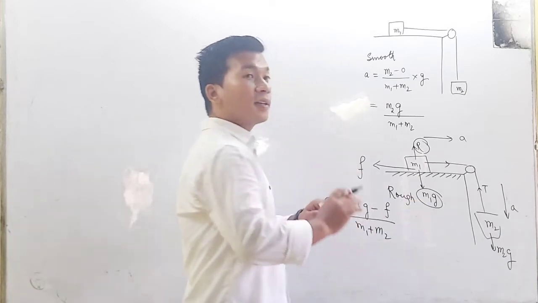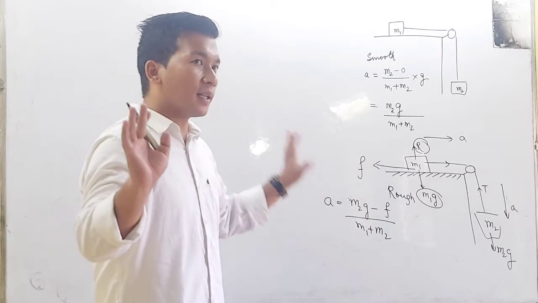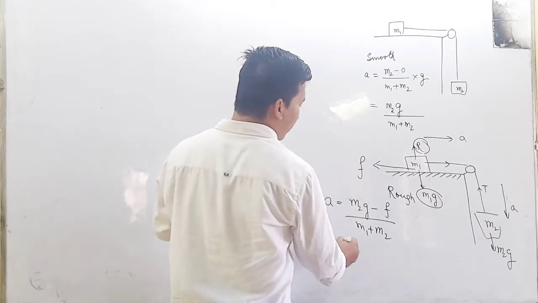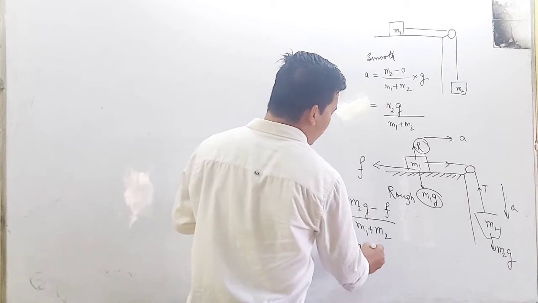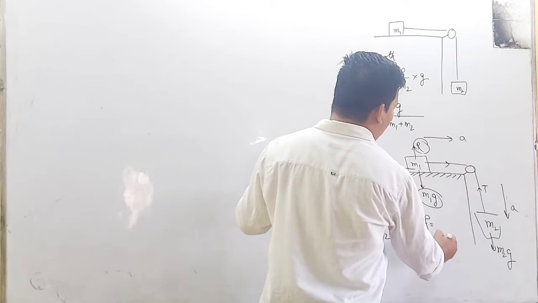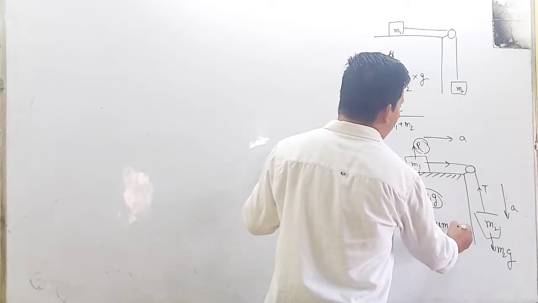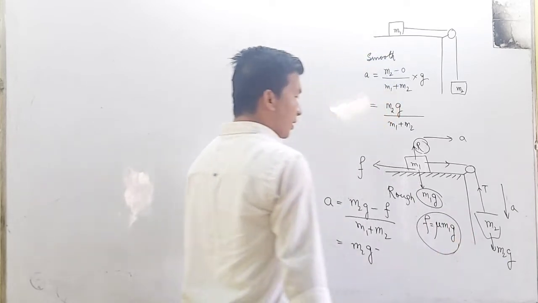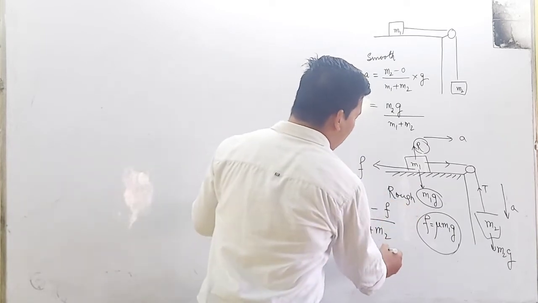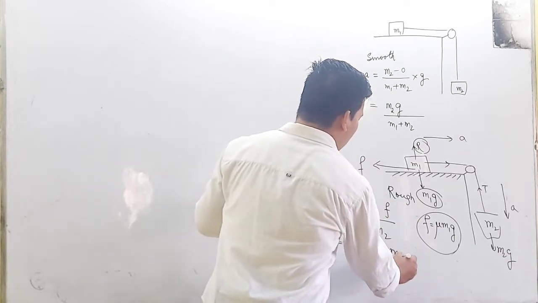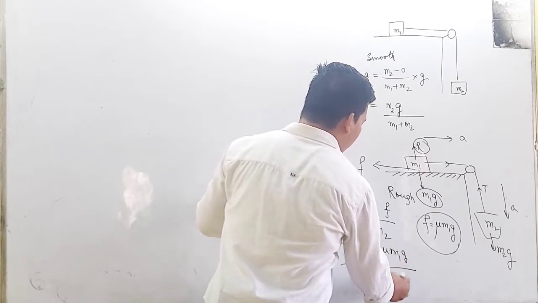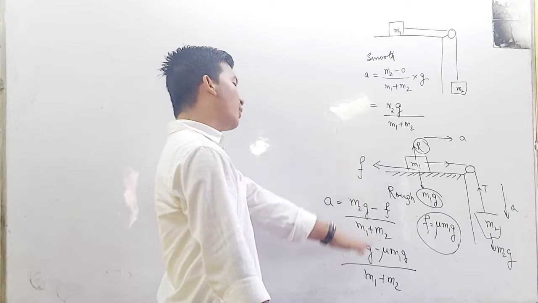Now if you put the value, this is m2g, and what about your friction? The friction f is equal to mu m1g. Mu m1g, divided by total mass m1 plus m2. This is in terms of force.